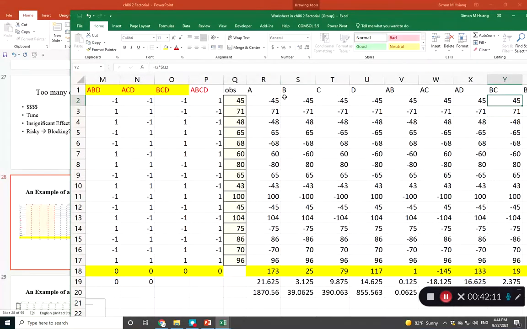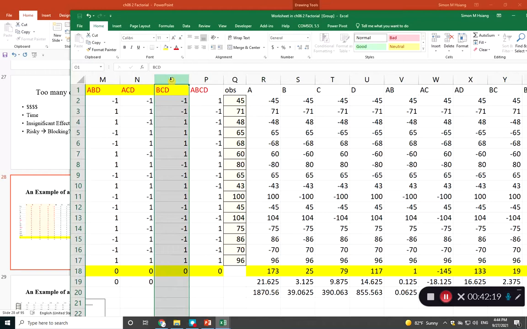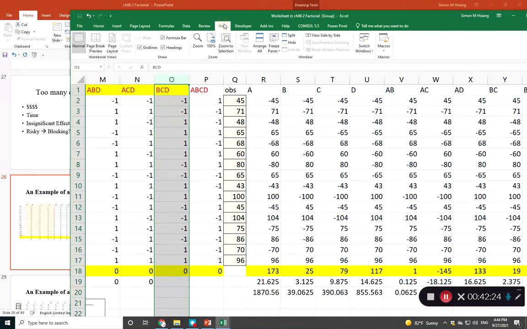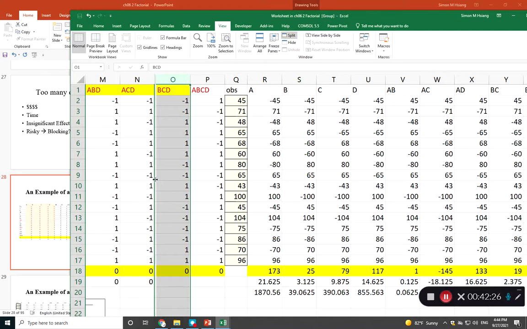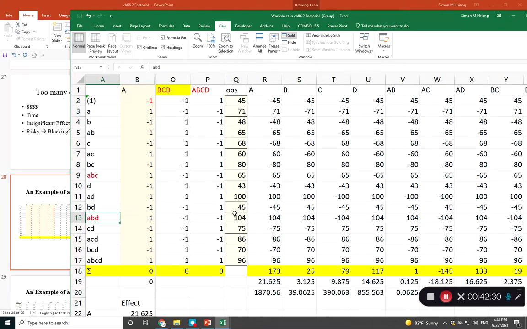The A effect is the negative 1, positive 1 of A. Let me split the view. The A effect is using the A contrast times the observation.